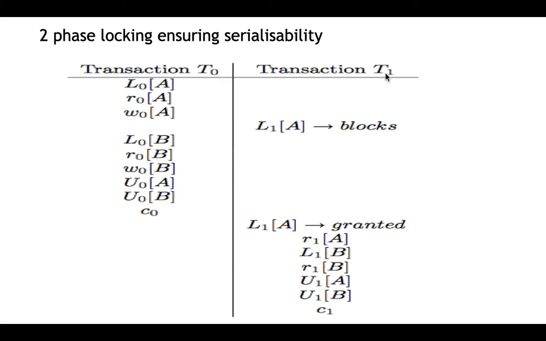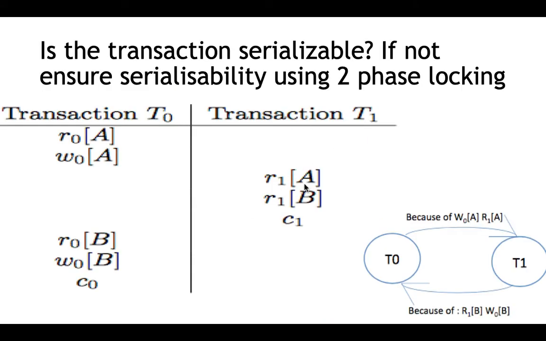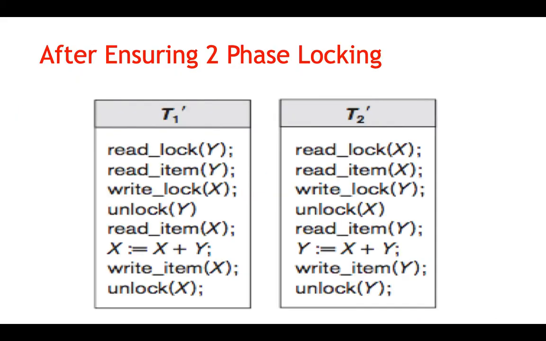So T1 won't be able to access A because it is locked by transaction T0. It would have to wait until this lock on A is released by T0. So before T1 tries to read A, it will have to acquire a lock on A. Think in that manner.